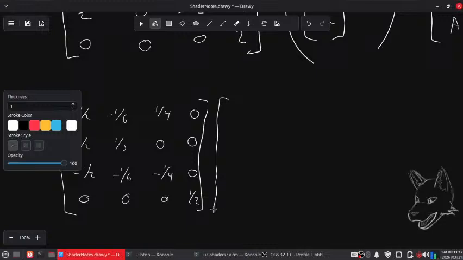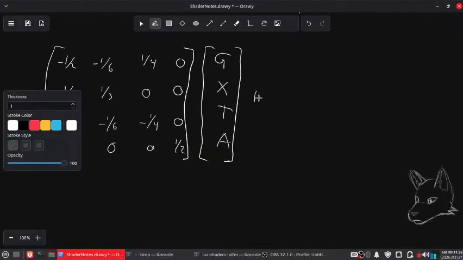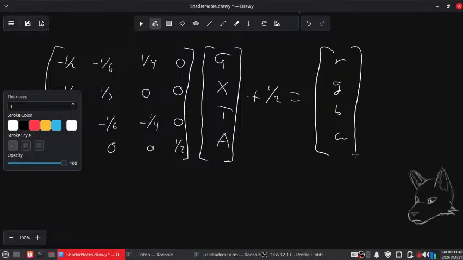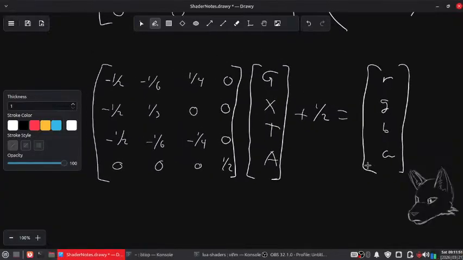So this is multiplied by G, X, E, A. Should be plus 1/2. Plus 1/2 is equal to R G B A. So what is pure gradient?